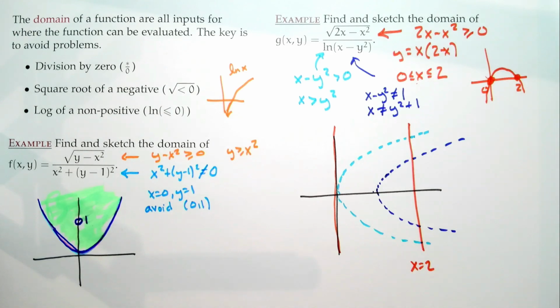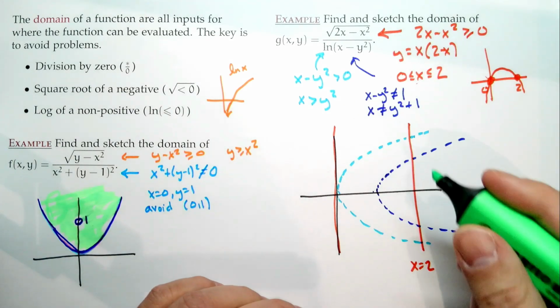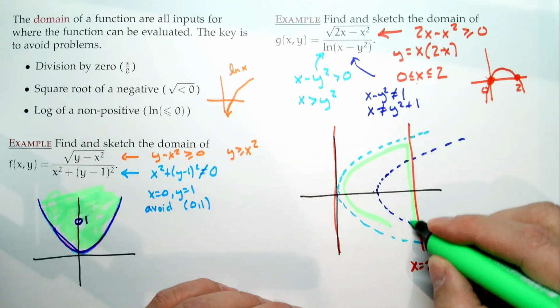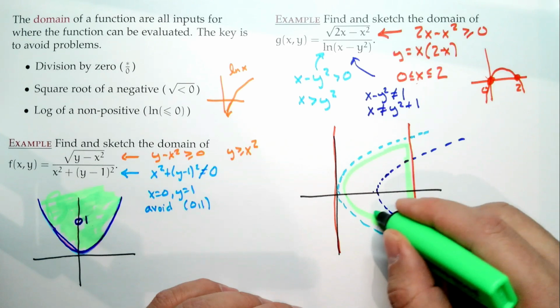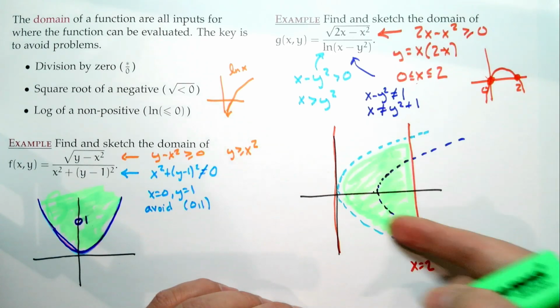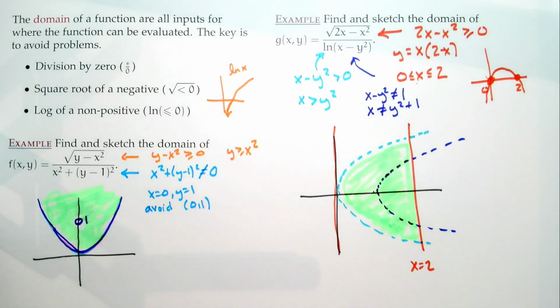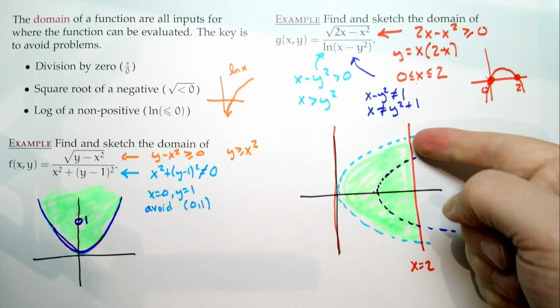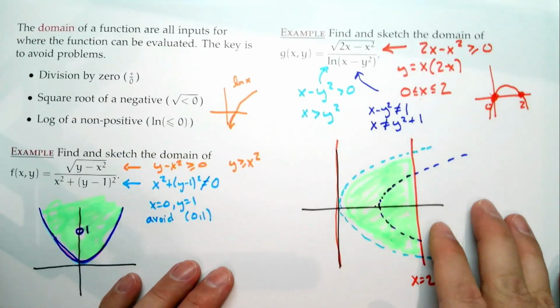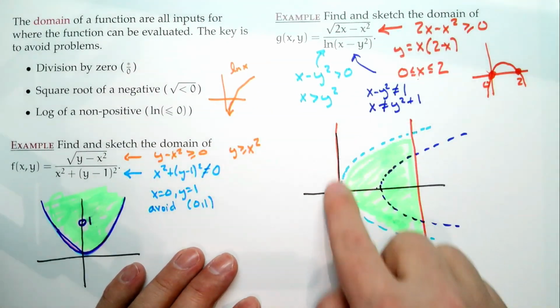And so, what's our final answer? Well, our final answer is the region that's in our bowl, but below 2, except we have this line that runs down the middle that we take out. So that's our sketch. Solid line over here, dotted line here, dotted line there.